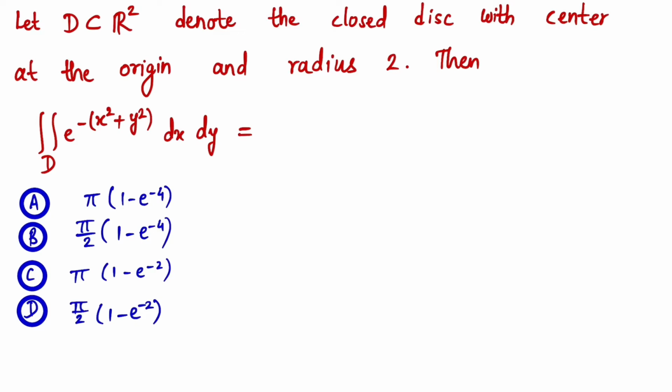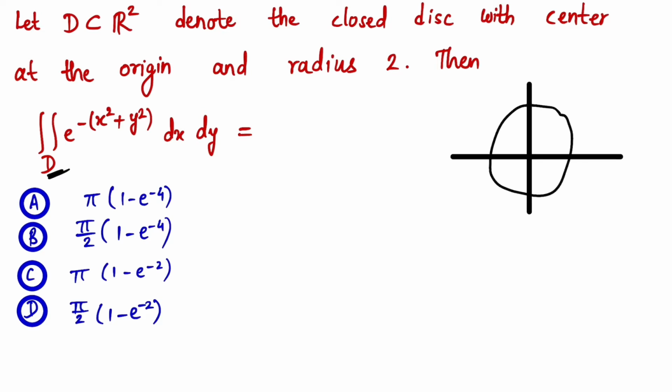To solve this question we need to understand the region first. So what is D? D is the disk with center at origin, that is 0, 0, and radius 2, right? So this point will be 2, 0.